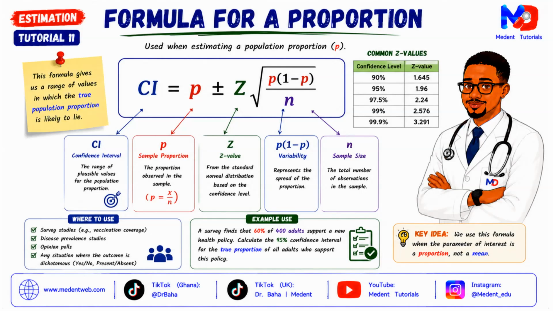Z is the critical value. And N is the sample size. This formula is commonly used in prevalence studies, vaccination coverage surveys, and opinion polls.